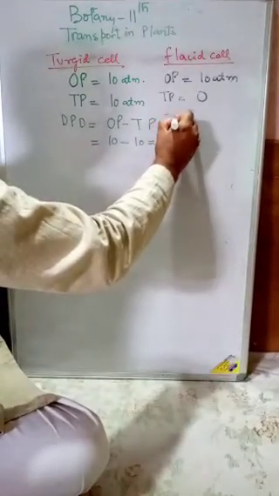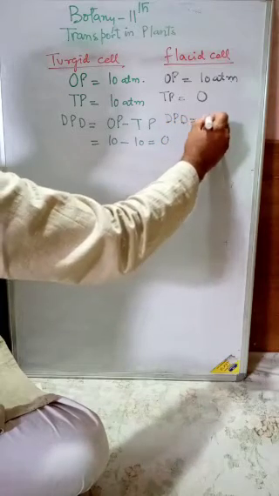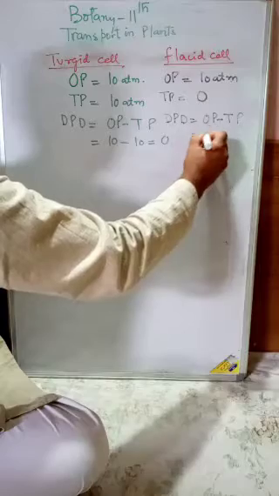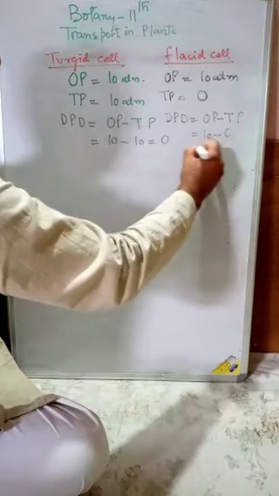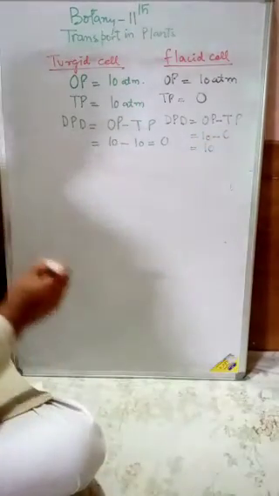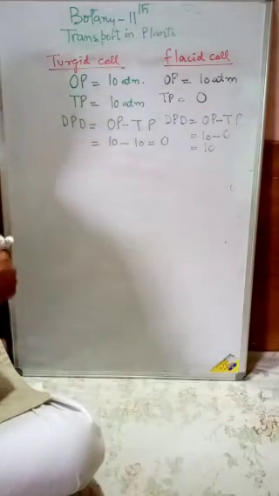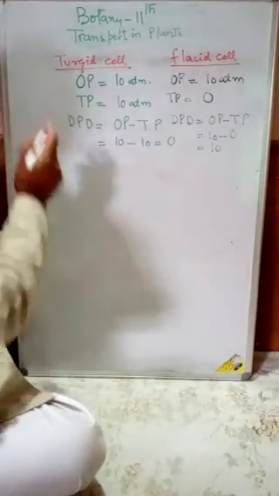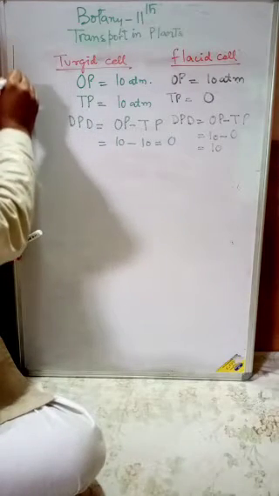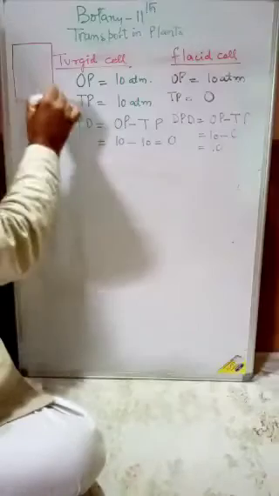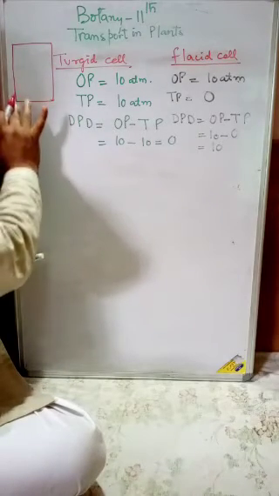So DPD is equal to OP minus turgid pressure, that is 10 minus 0, which is equal to 10. Now another condition arises. Again, we have two cells. This is the first cell, this is the second cell.